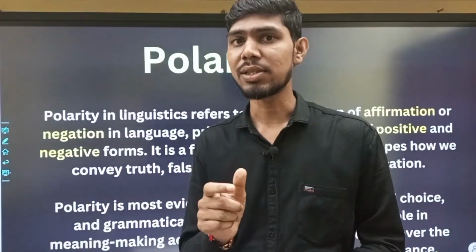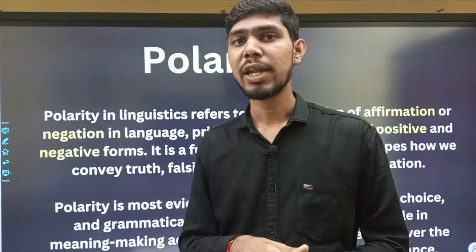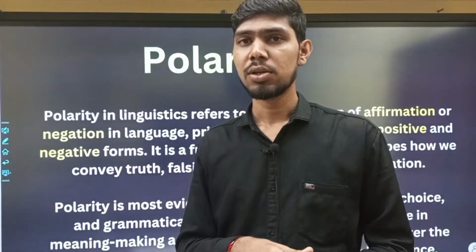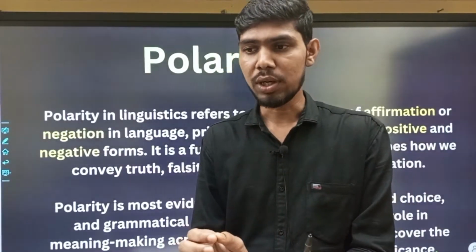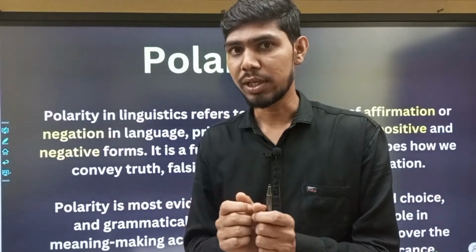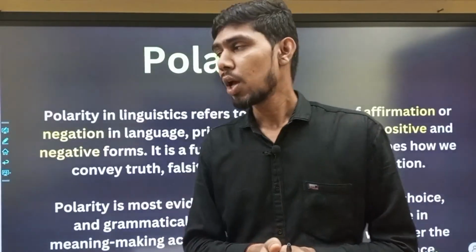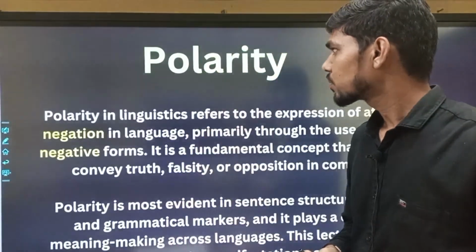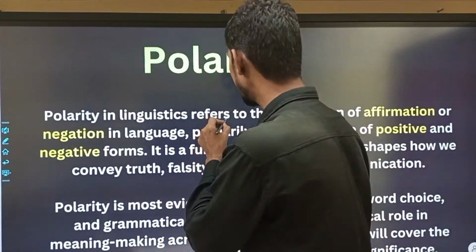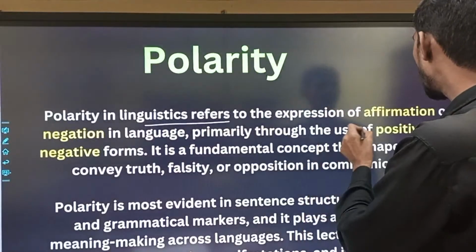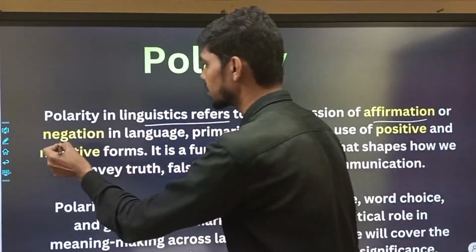Those markers are called negation and affirmation. So in English there are two kinds of sentences, negative and positive. In linguistics, polarity refers to the expression of affirmation or negation.